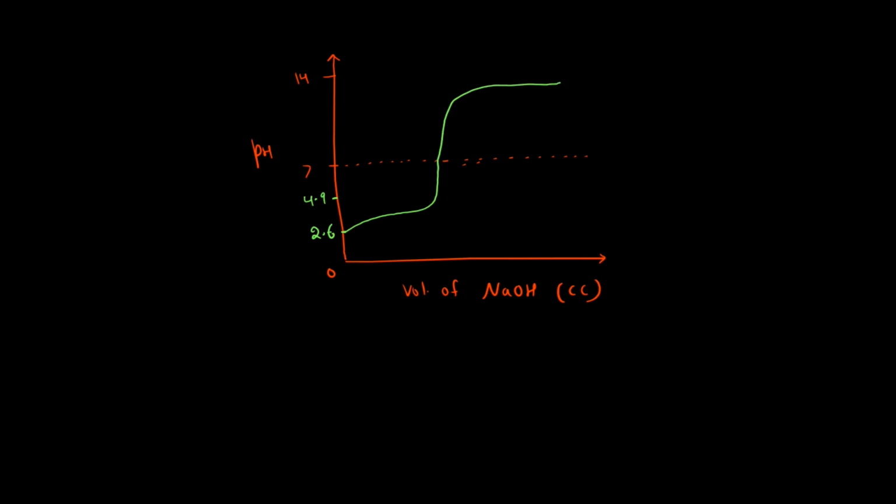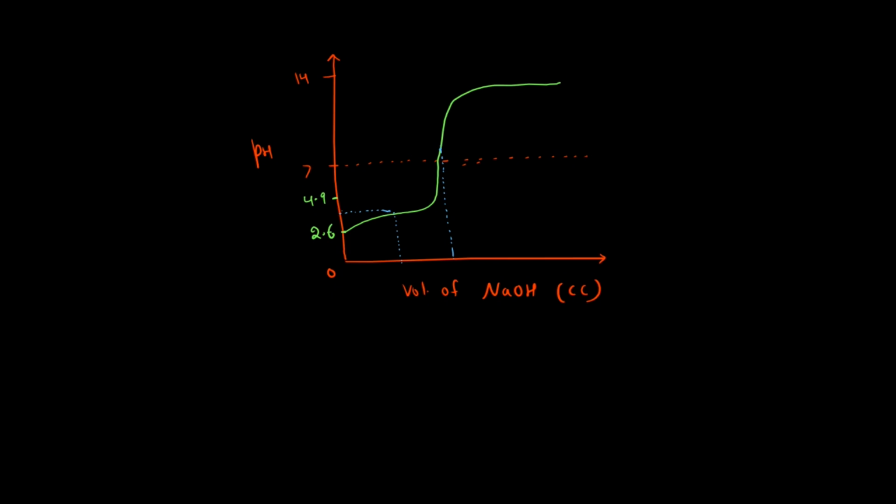and this is the equivalence point. Equivalence point will lie above pH 7, and this is the point where half of the propionic acid has been converted into propionate. So this should be 4.9.